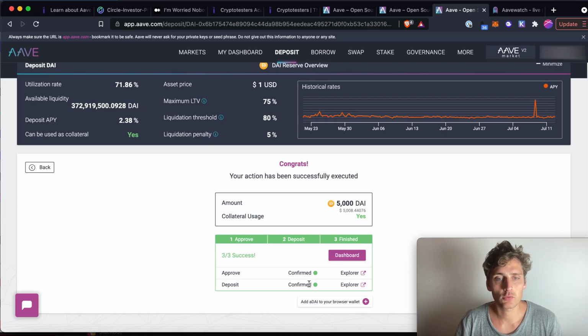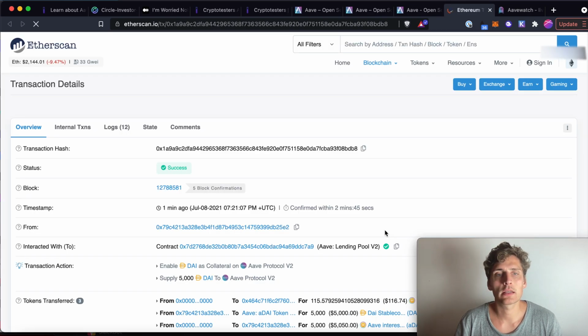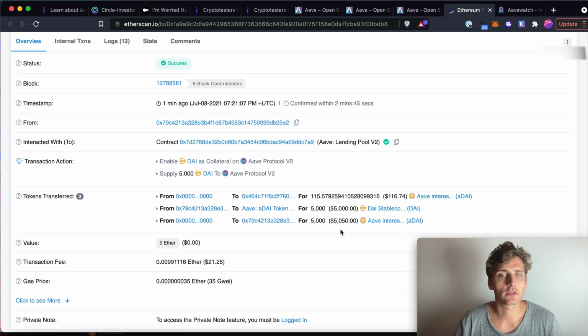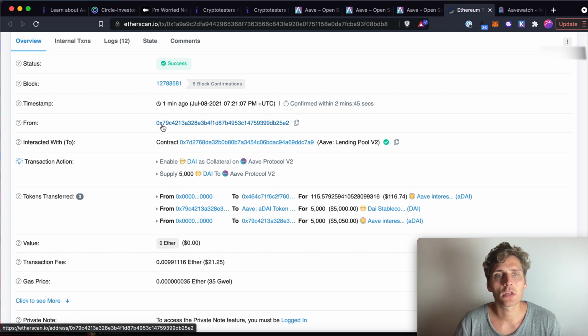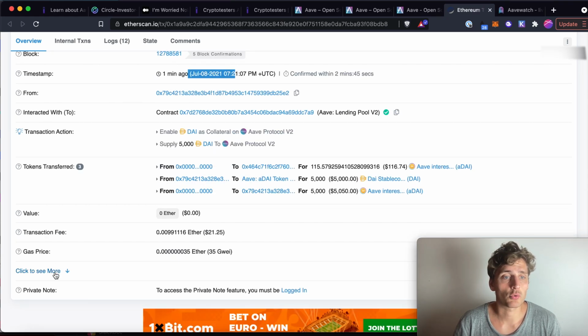So now this transaction has been confirmed as well on the blockchain, and you can even open it in Etherscan, which is an interface to the blockchain, and you can see a bunch of useful information about your transaction, when it happened, the transaction hash, and actually which smart contract was invoked.